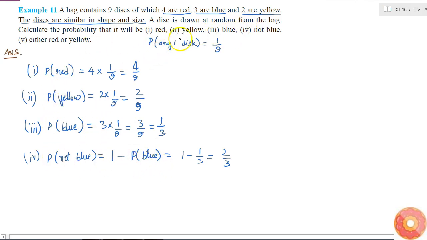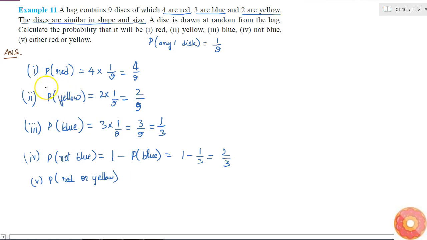And the fifth one is the probability of getting either red or yellow. So for this, the probability of getting either red or yellow means that I have to take the union of these two sets. But I know that these two events are mutually exclusive.